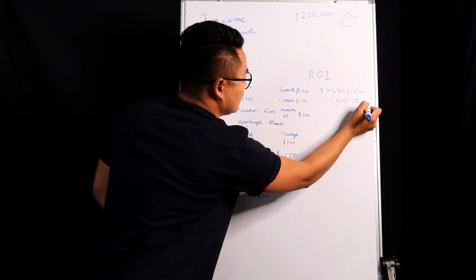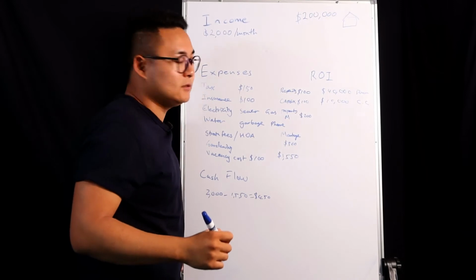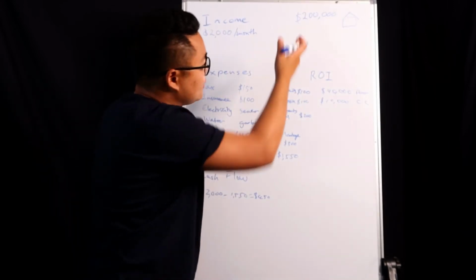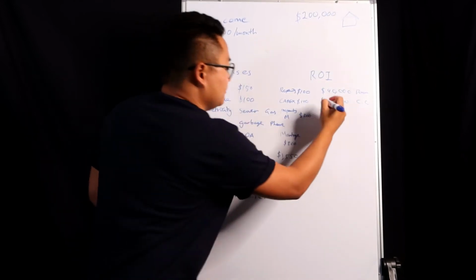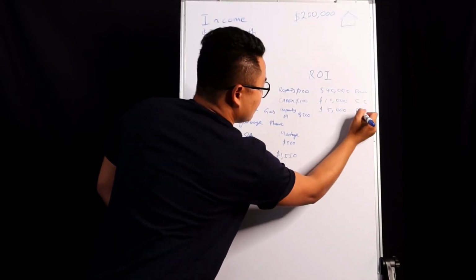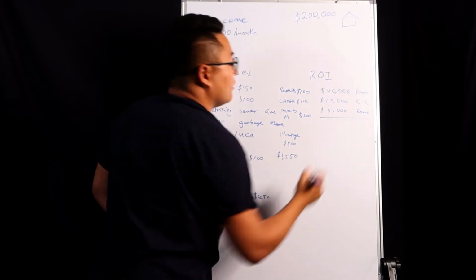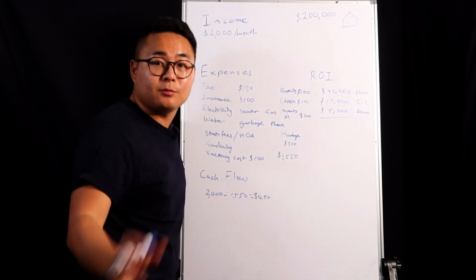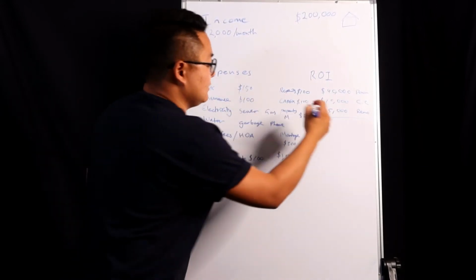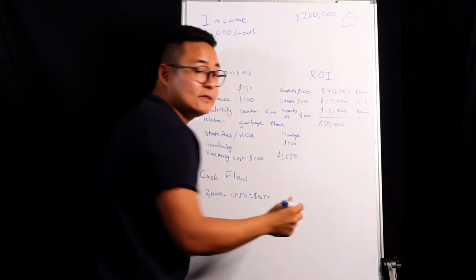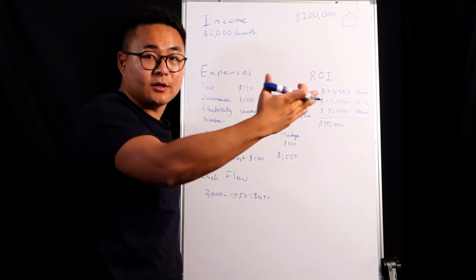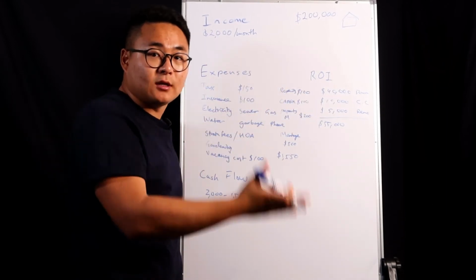And then let's say you spend another $5,000 touching up the property so that it becomes a lot more leasable, so renovation. So the cost of actually buying this property in the first place is $55,000. That's the actual money that comes out of your pocket to own this property.